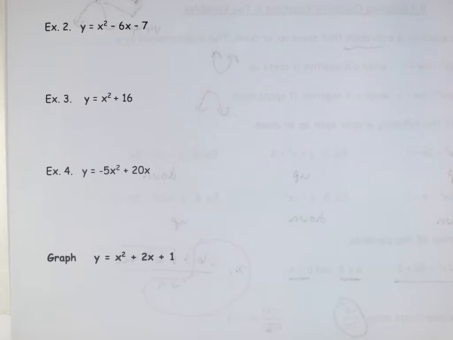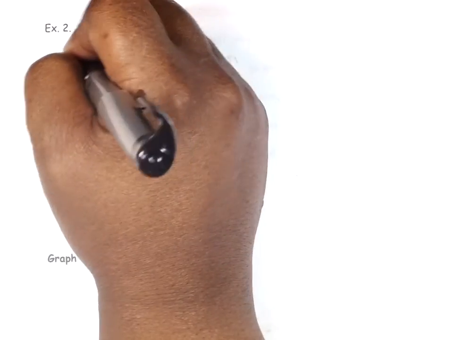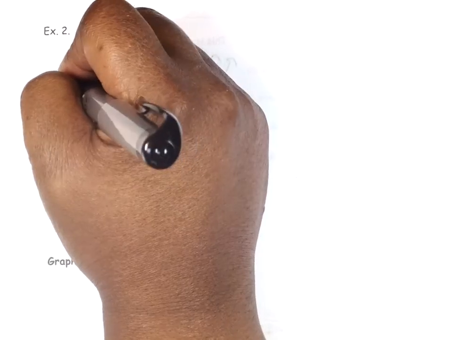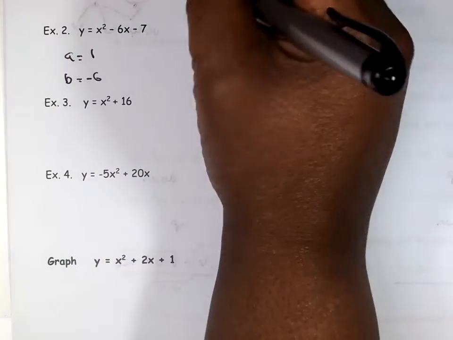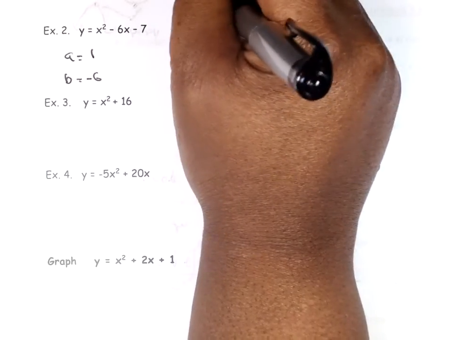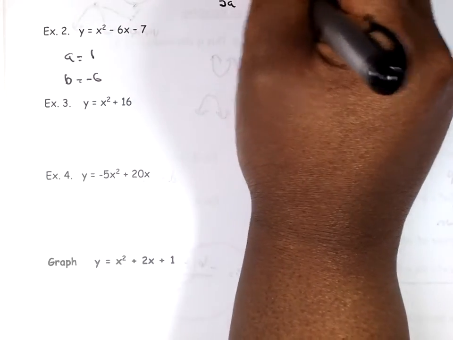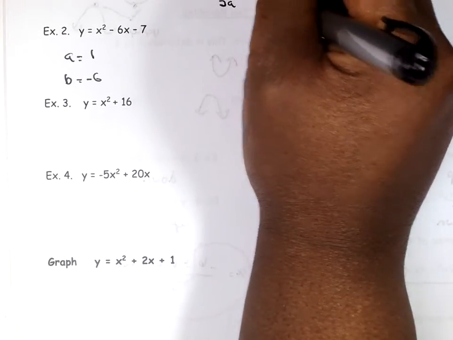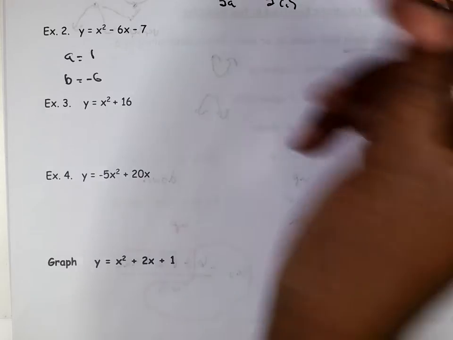Alright, we're still finding just the vertex for these. So here, my a is equal to 1. My b is equal to negative 6. So the x-coordinate is opposite of b over 2 times a. So opposite of negative 6 over 2 times 1 gives me 6 over 2. So the x-coordinate is 3.